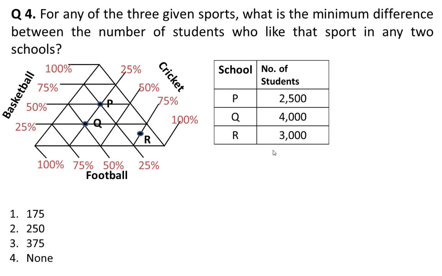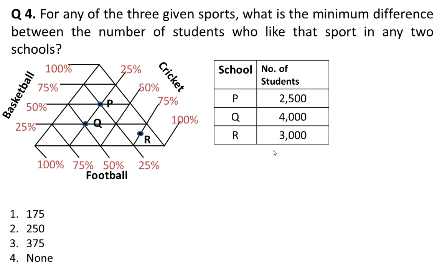For any of the 3 given sports, what is the minimum difference between the number of students who like that sport in any 2 schools? Is it clear?